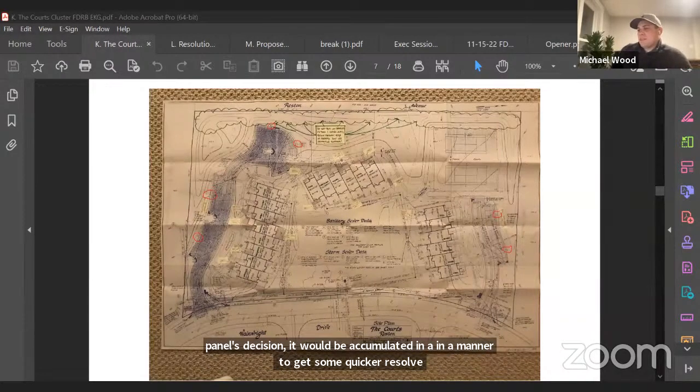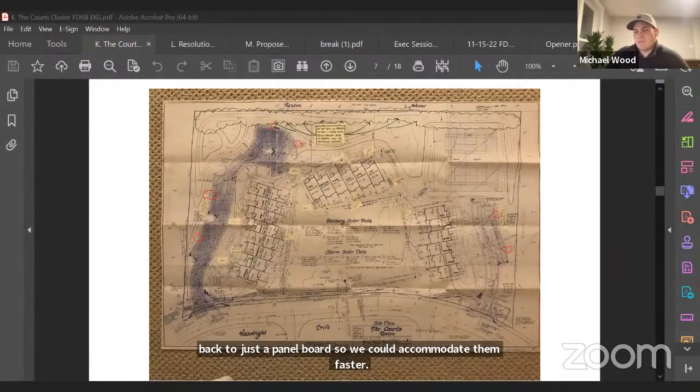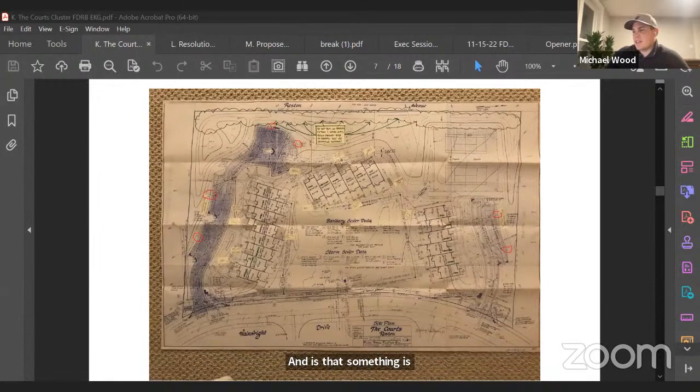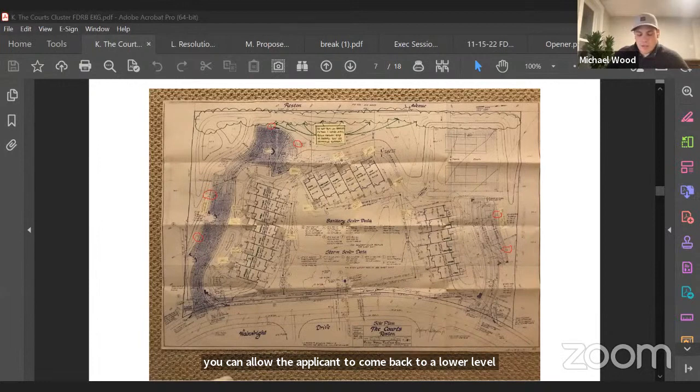I'm comfortable with, knowing if they come back with those two things, this could go back to just a panel board so we could accommodate them faster. Are we allowed to say that in our motion, Cam? Yes, you can allow the applicant to come back to a lower level. So I'll amend my motion to include that the applicant can come back for a panel review once they have those items.